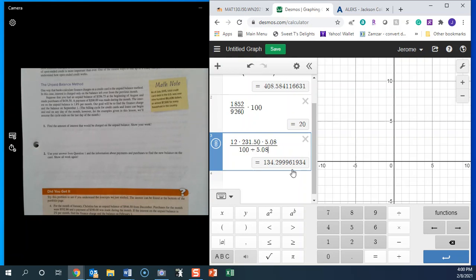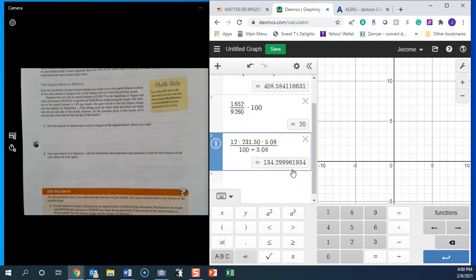Suppose that you had an unpaid balance of $356.75 at the beginning of August and made purchases of $436.50. A payment of $200 was made during the month. The interest on the unpaid balance is 1.8% per month. Our goal would be to find the finance charge and the balance on September 1st.